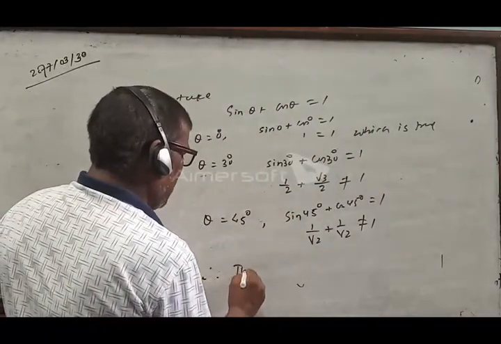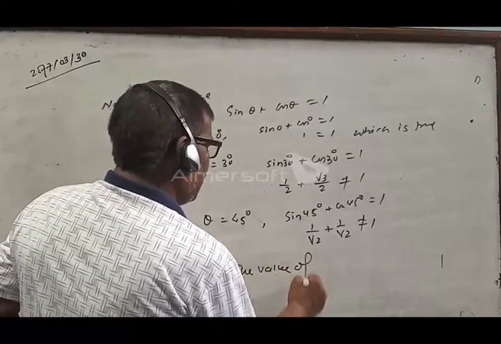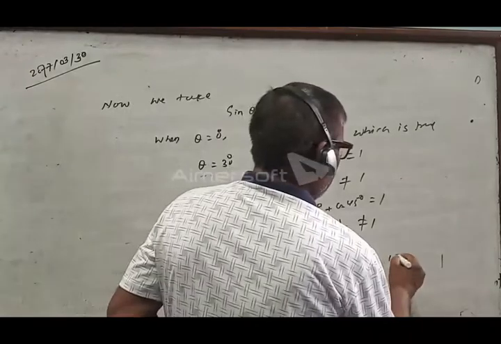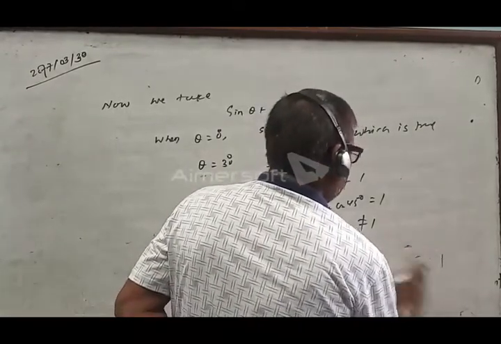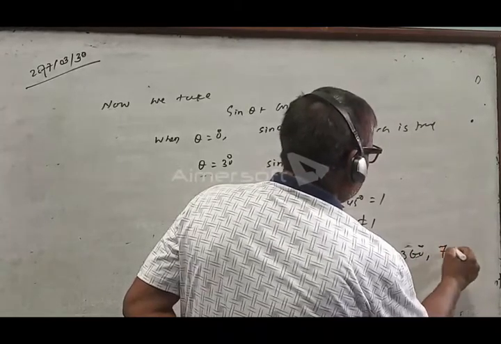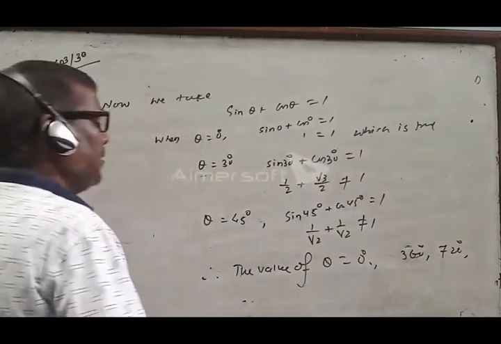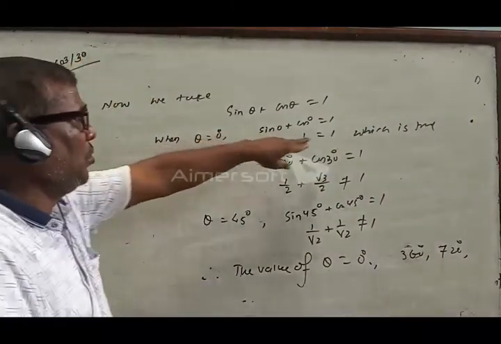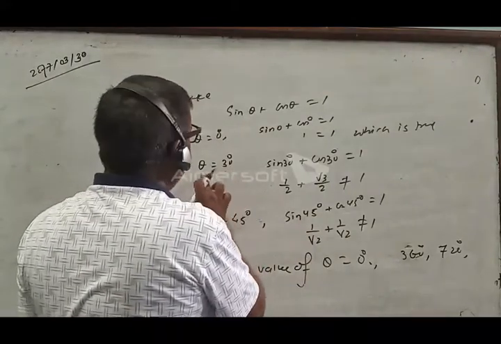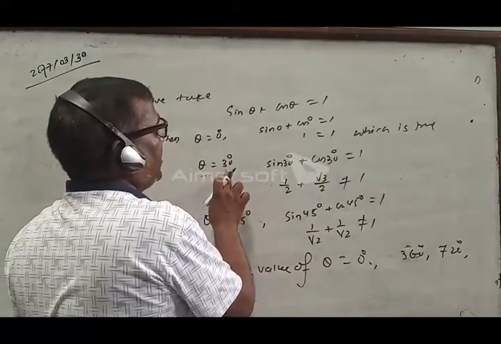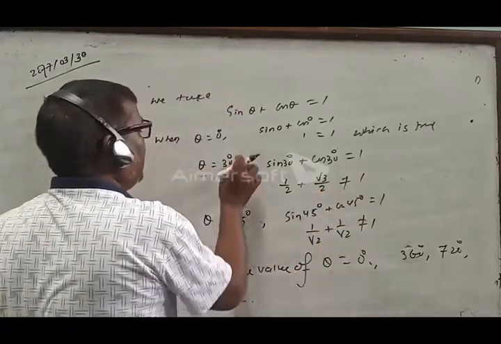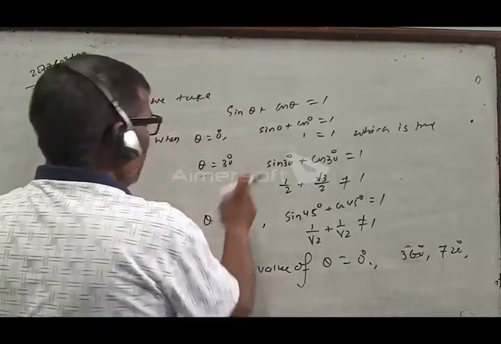Therefore, the value of theta is 0 degree only, and also 360 degree, 720 degree, for which the value is true. Other values are not true because if we take theta equal to 30 degree, then LHS is root 3 plus 1 by 2, which is not equal to 1.